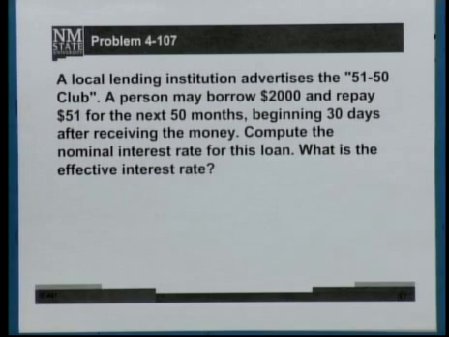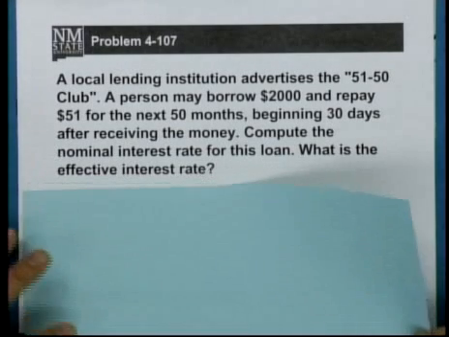A person may borrow $2,000 and repay $51 for the next 50 months, beginning 30 days after receiving the money. Now you are required to compute the nominal interest rate for this loan. Also, you need to compute the effective interest rate as well.